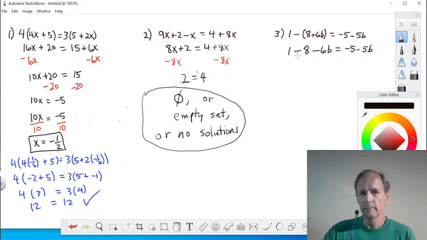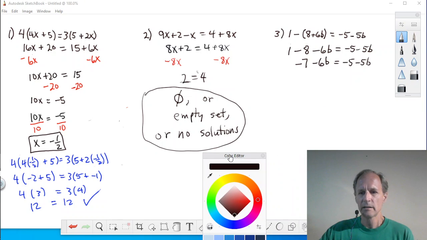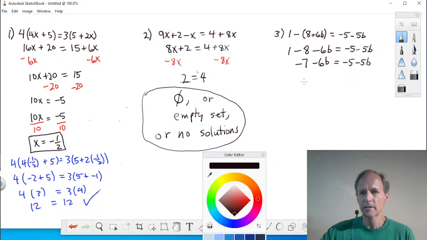So 1 minus 8, that's negative 7, right? Minus 6b, negative 5, minus 5b. I think we're now ready to solve this.